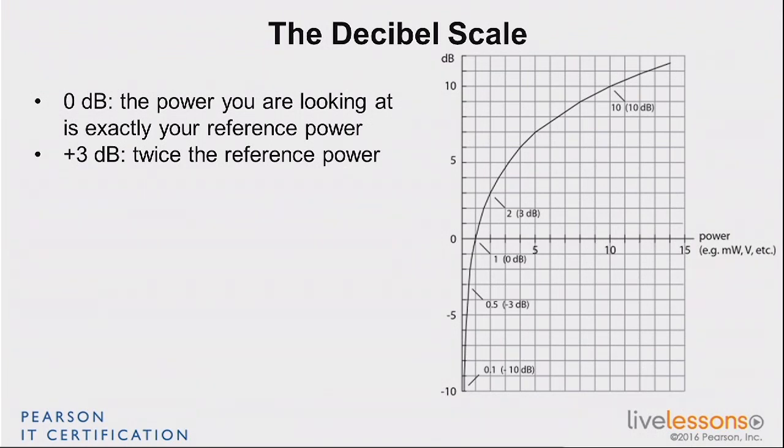And this is where it becomes a little bit strange. If I have 1 milliwatt and I look at the other side and also have 1 milliwatt, there is 0 dB difference because it's still 1 milliwatt. If I have 1 milliwatt going through an amplifier, and here I have 2 milliwatts, well, it's twice as much, so I have 3 dBm. Remember, twice as much is plus 3 dB.